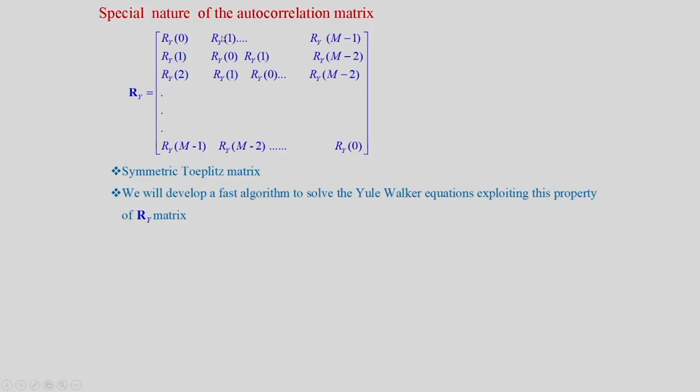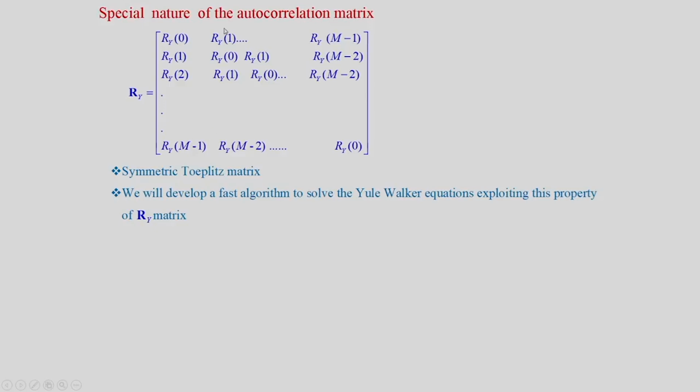Similarly, if we examine the first super diagonal, then we will see that all its elements are Ry 1. Similarly, here also all elements along the sub diagonal will be Ry 1, etc. So, this type of matrix is known as Toeplitz matrix.